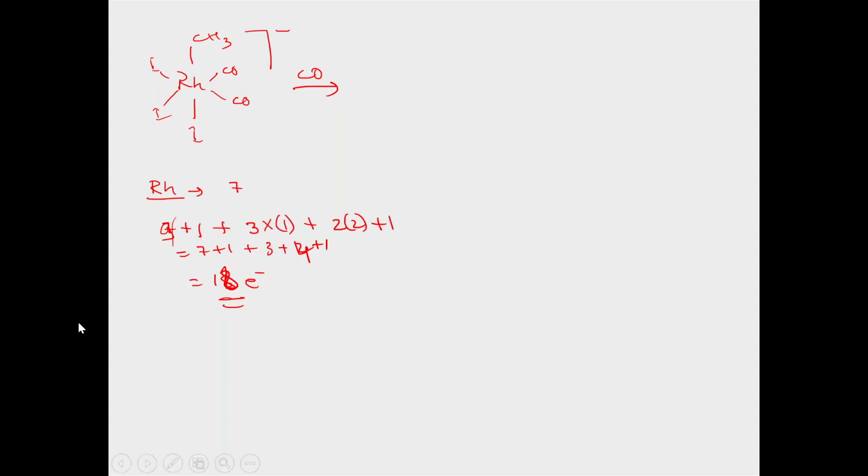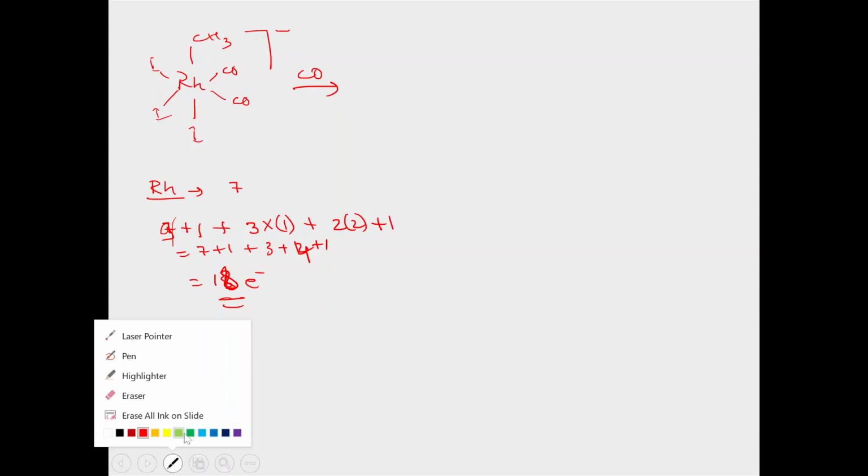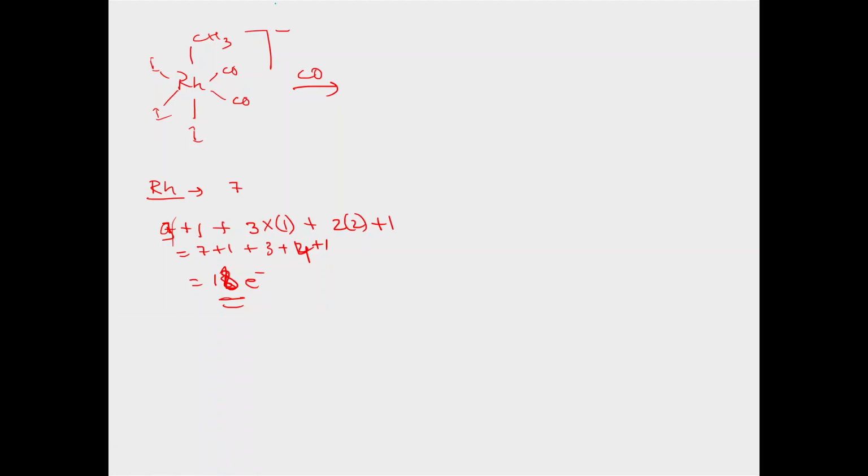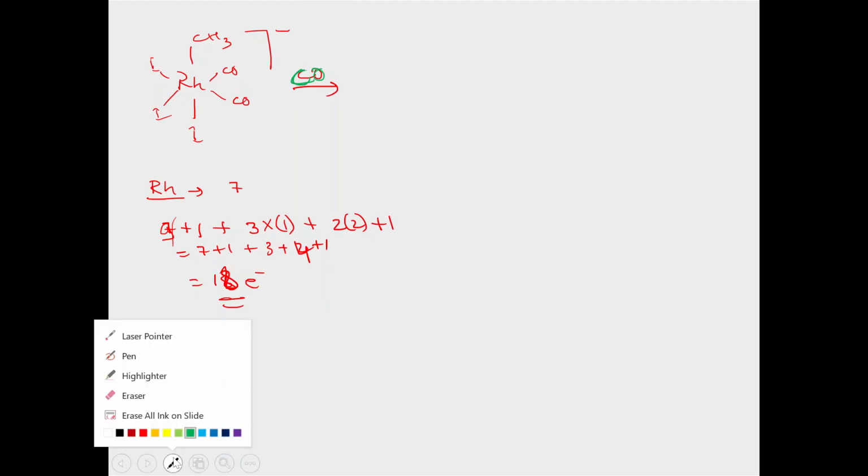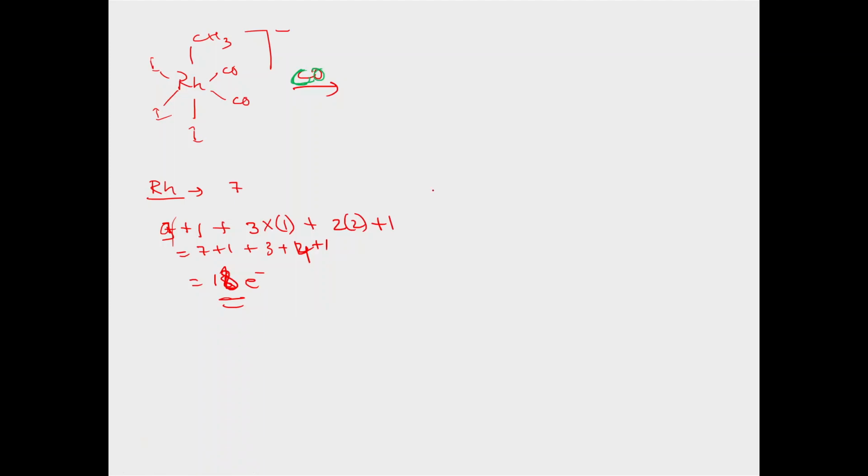Let's write this CO in another color. This is the incoming CO. Then first of all, migratory insertion will take place. When we have CH3 and CO, these two ligands attached to a metal, this CH3 can undergo migratory insertion into the carbonyl ligand. I think you all are familiar with that.